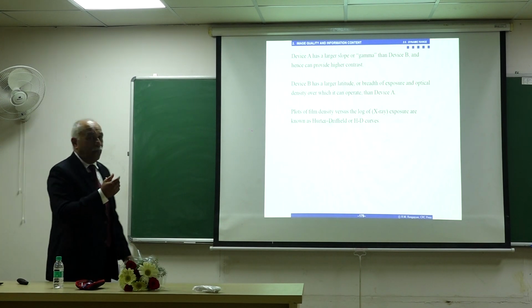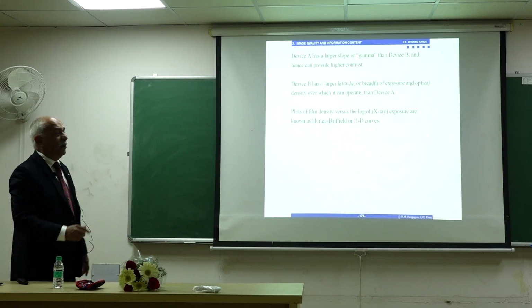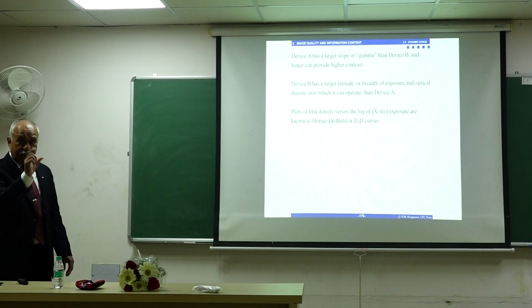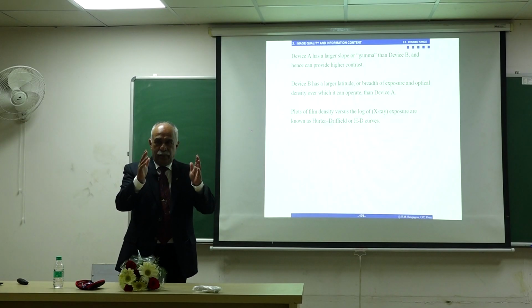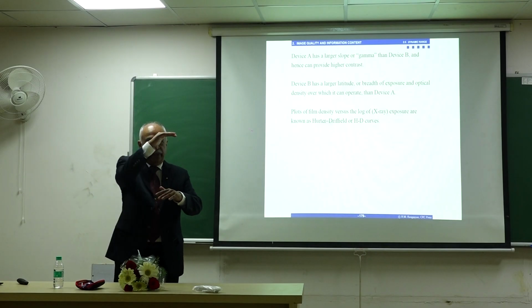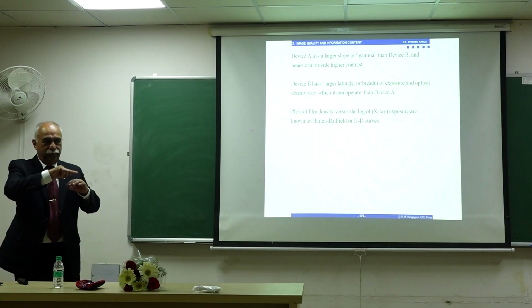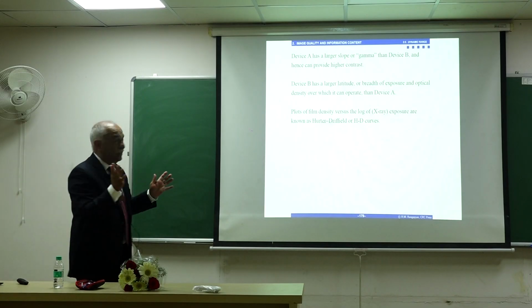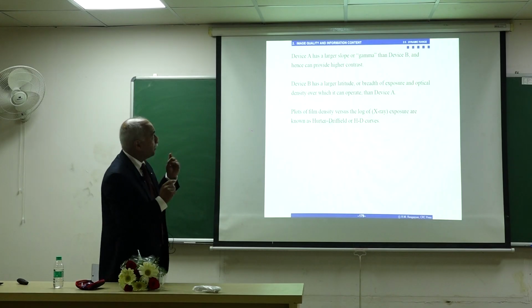So when you acquire an image or display, the device that you're using has a certain range of operation related to the input and a range of the output it provides. And the curve in between, which is not typically linear, it has a certain slope in the linear portion that is known as gamma.